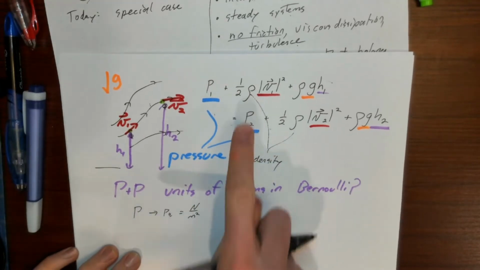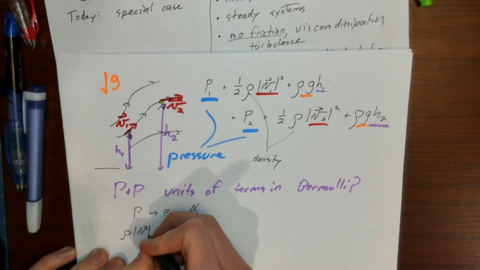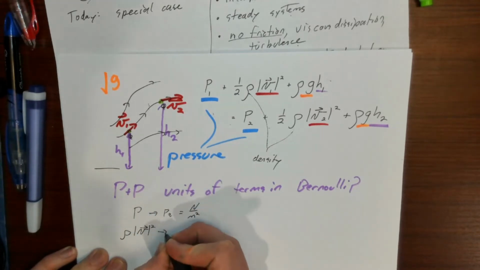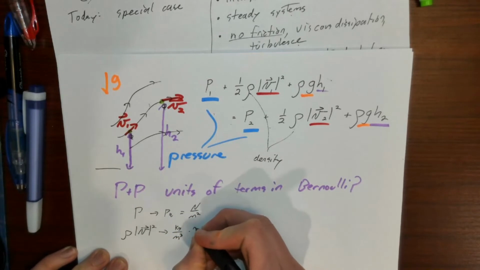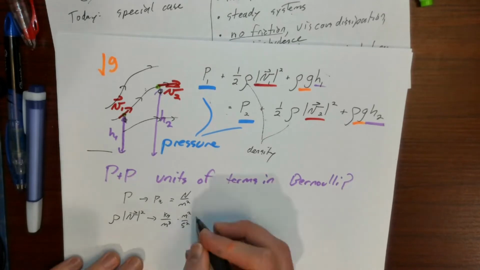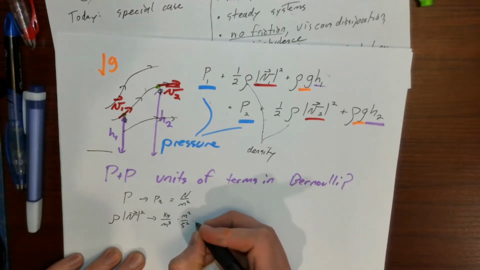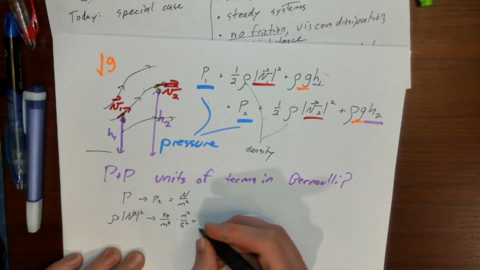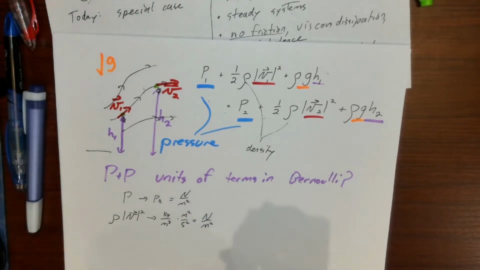If I think about rho times the magnitude of some velocity squared, that's going to be kilograms per meter cubed times meters squared per second squared. And if you cancel everything out, it ends up being equal to a newton per meter squared.